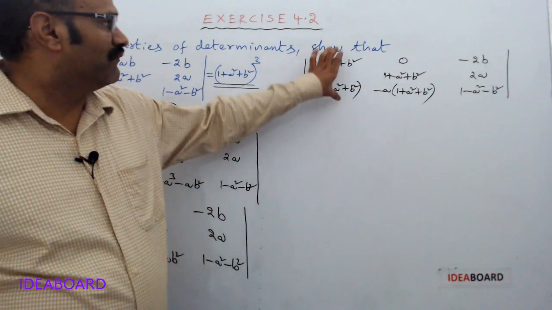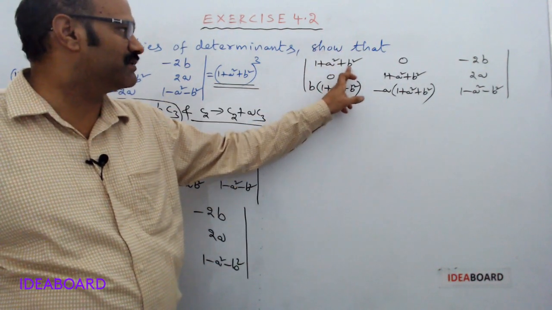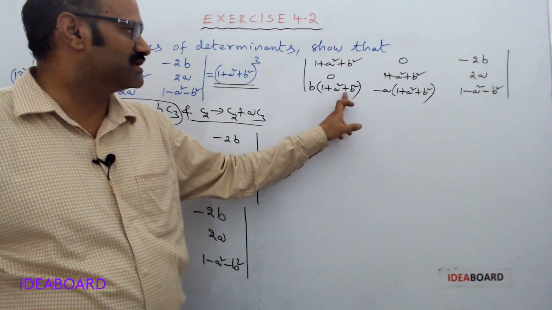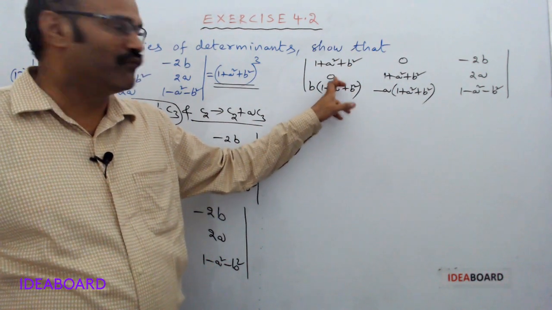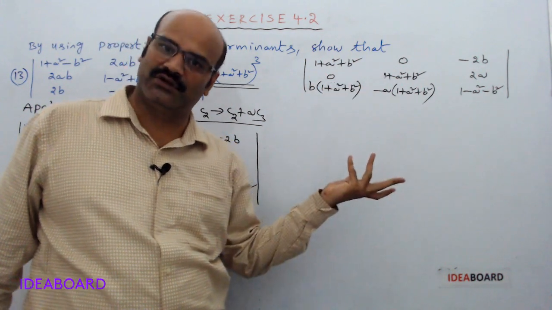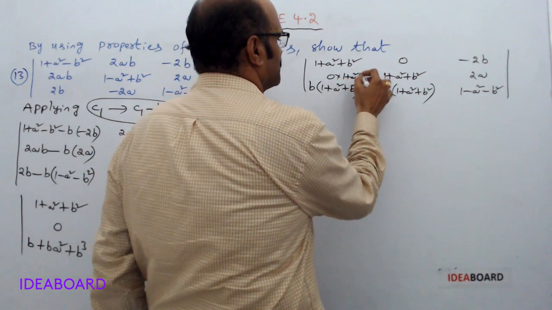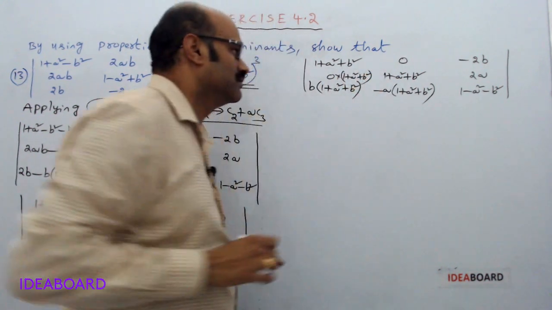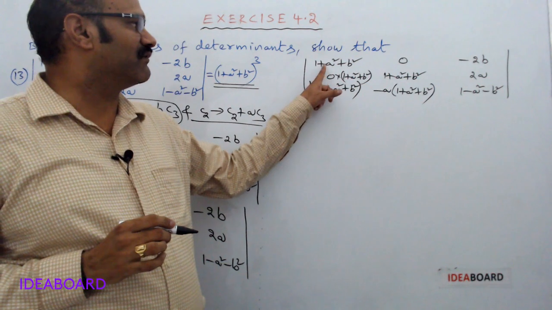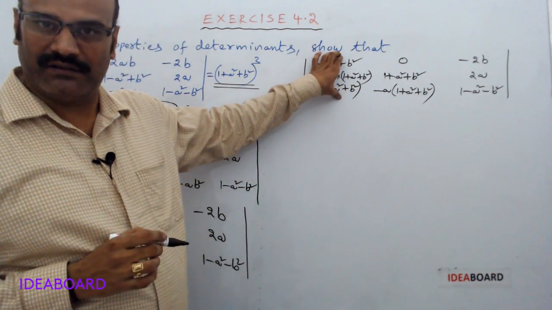Now from c1 we have a common factor, that is 1 plus a square plus b square. Here you have 0. We know that we can write 0 into 1 plus a square plus b square equal to 0 only. So we write it as 0 into 1 plus a square plus b square. So we can take the common factor 1 plus a square plus b square from c1.